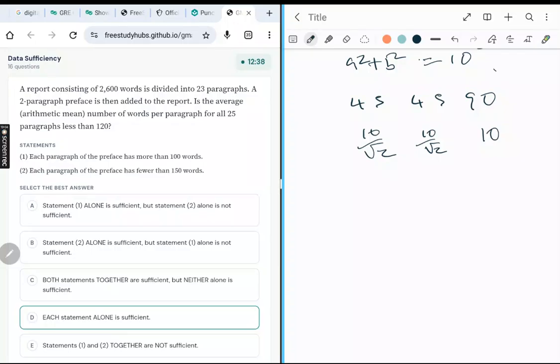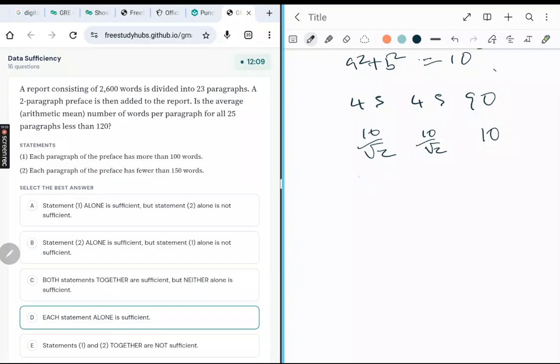Why? If we work this out, more than 100 can also be 101. It can also be 200. It can also be 1 million. Remember, 2,600 words divided into 23 paragraphs, plus the 2-paragraph preface, is now 25 paragraphs.